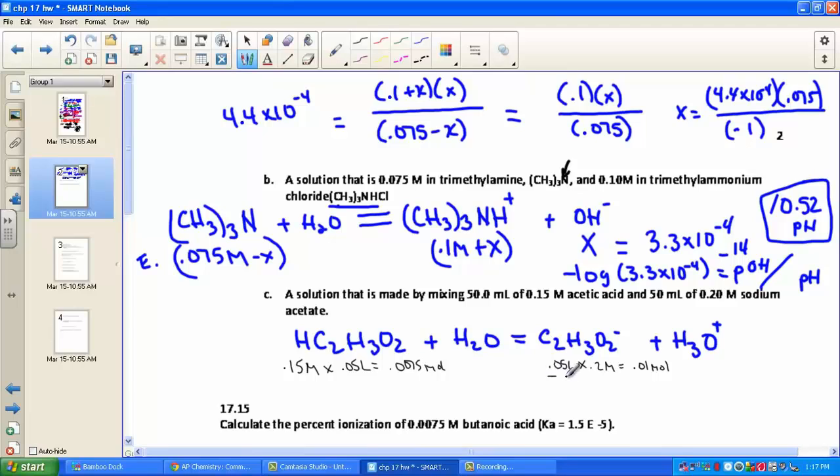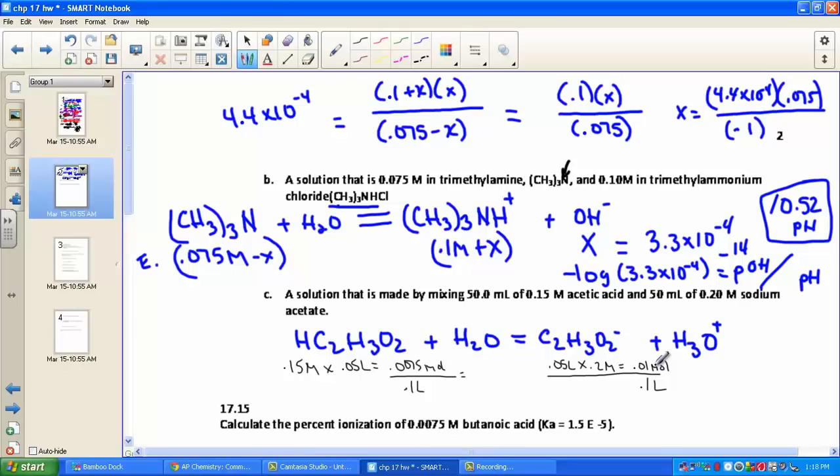We just have a new combined volume. So I really think about the number of moles of acid. Instead of 50 mils of an acid and 50 mils of the salt, what we're now doing is diluting it. So 50 and 50 is 100, so that's 0.1 liter, and a new combined volume.